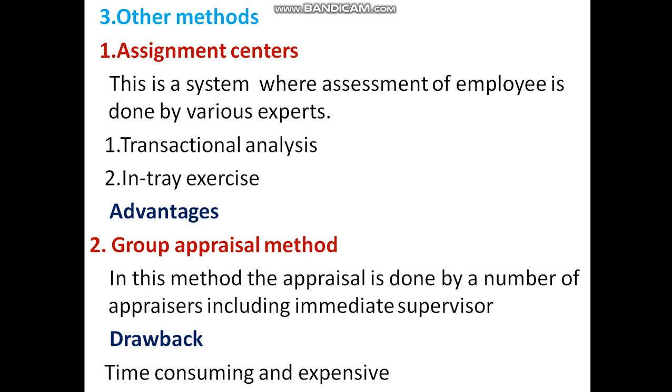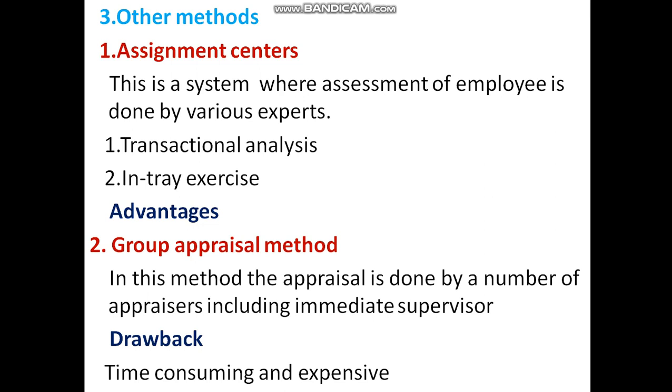Next is the group appraisal method. The first one was assessment centers; the second one is the group appraisal method.